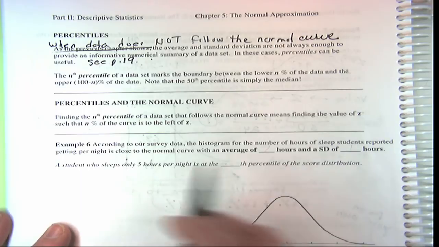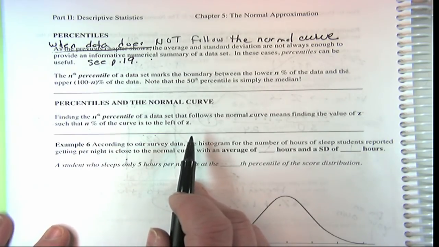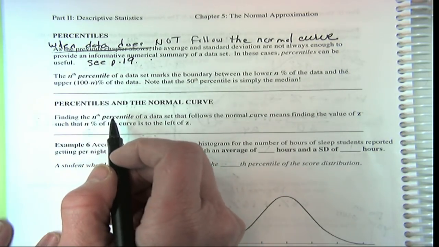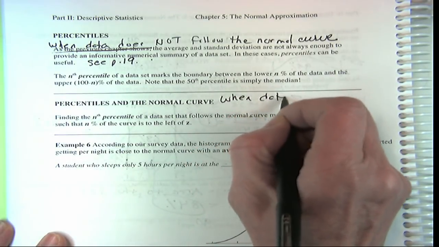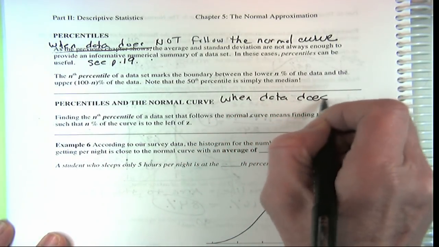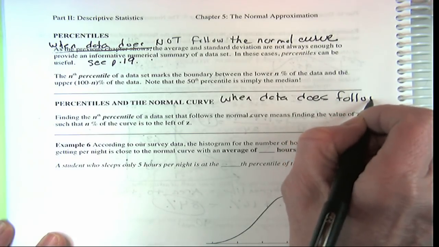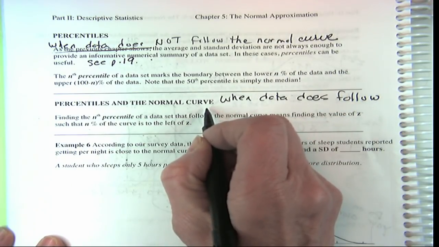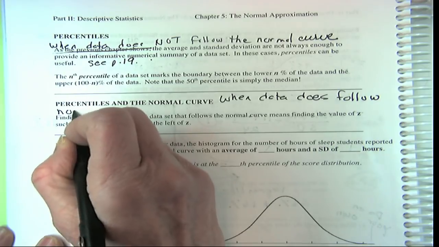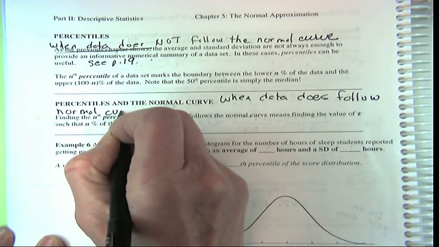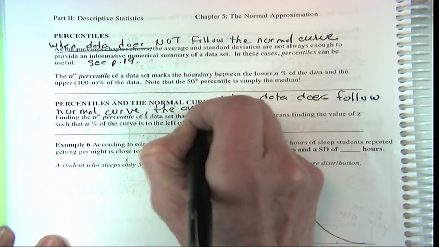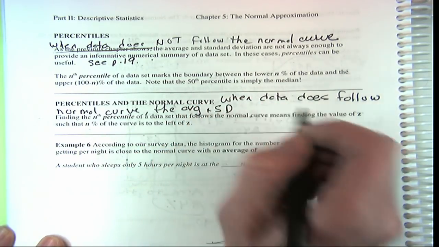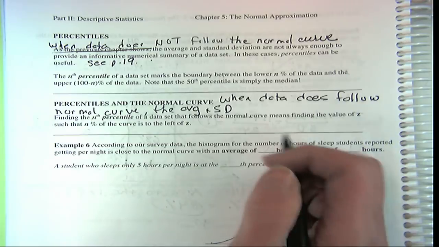Okay, but when the data does follow the normal curve, the average and the standard deviation is enough to give you any percentile.